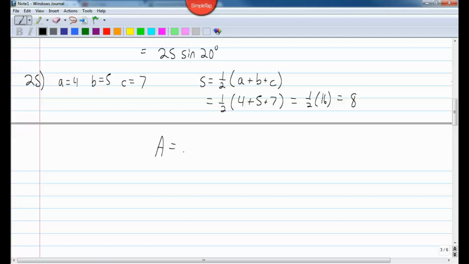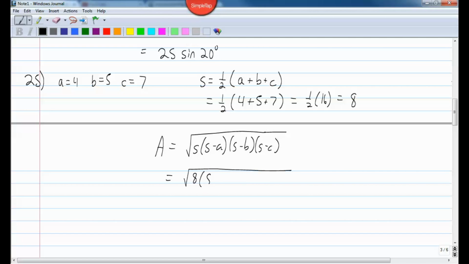So Heron's formula is area is equal to s times s minus a times s minus b times s minus c, and then you make sure you take the square root of all that. So this is the square root of 8 times 8 minus 4 times 8 minus 5 times 8 minus 7.